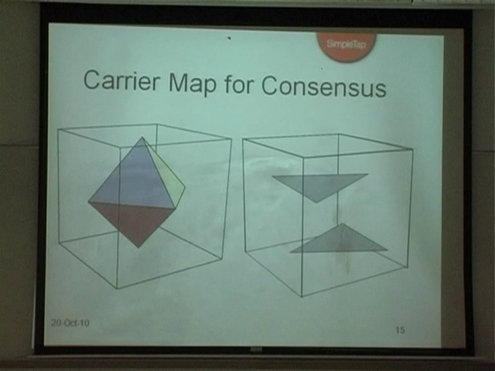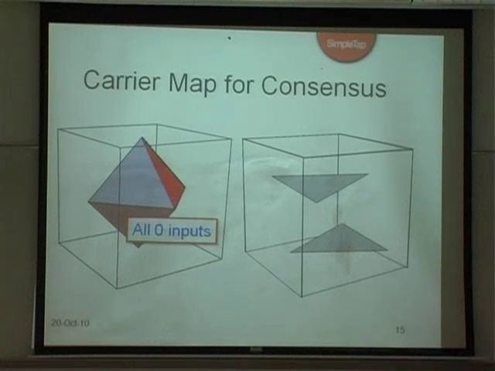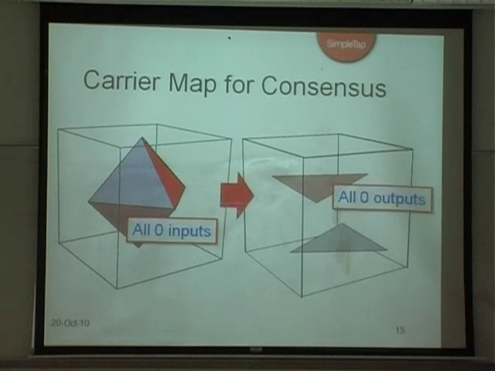So the carrier map tells you, if I start out in this state, where is it legal to end up? So if I start out with all 0 inputs, then since everybody has to decide somebody's input and all the inputs are 0, then it turns out that you have to end up over here.